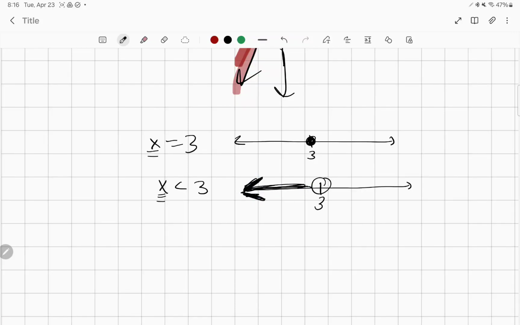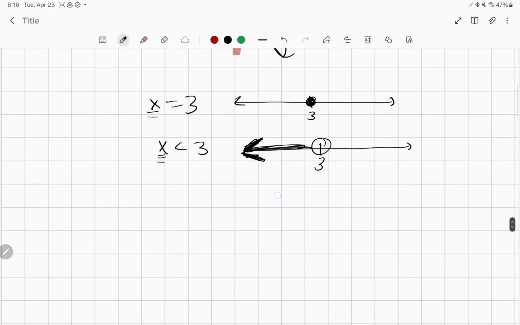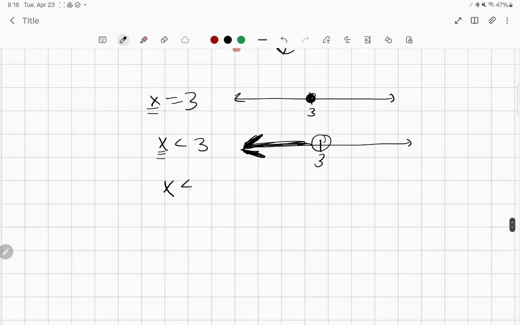So our graph would look like this. If it was x is less than or equal to 3, it would look very much the same. The only difference is it can be 3 and all of those values to the left of 3.